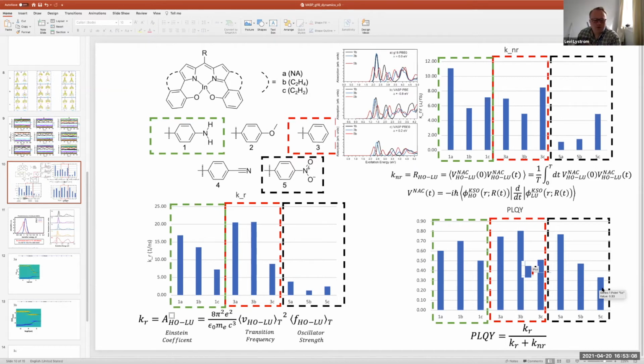So let's forget 5 for now and only look at 1 and 3, right? So 1 and 3 are similar.